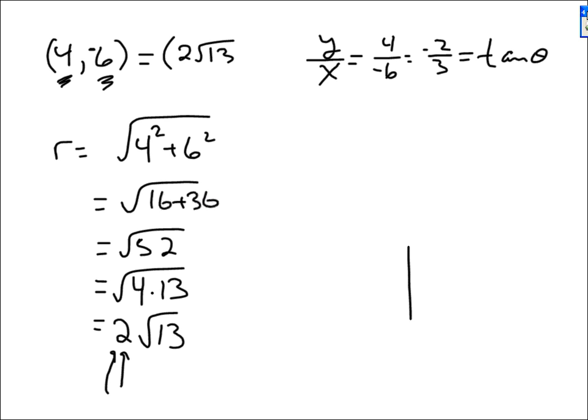Let me reverse it: negative 4, positive 6, which still turns out to be negative 2/3. So negative 4, positive 6 is right here. We are in quadrant number 2.